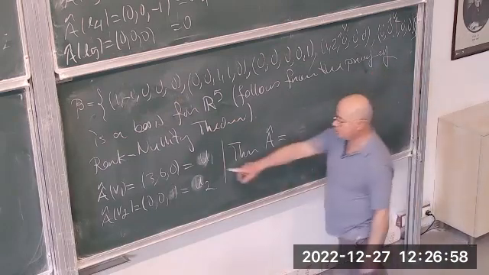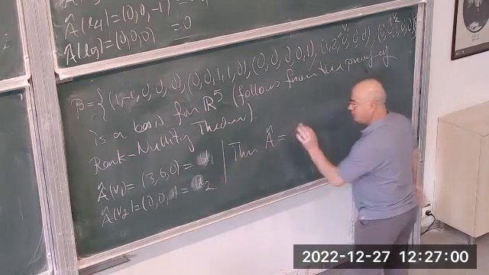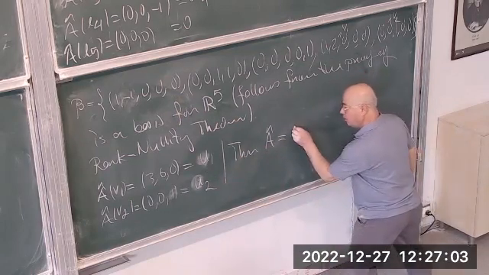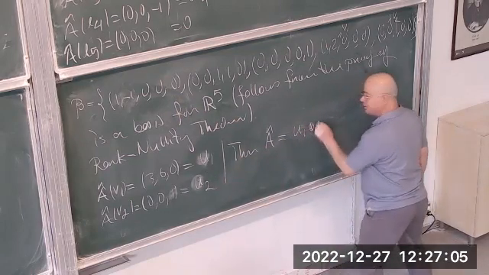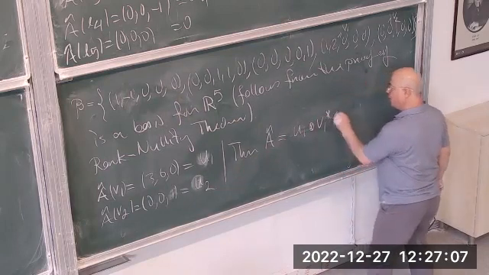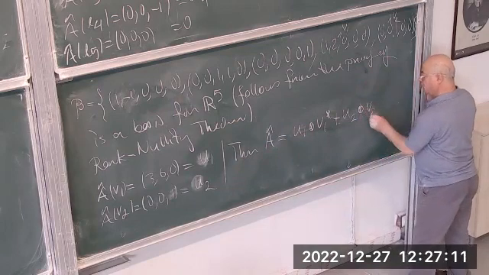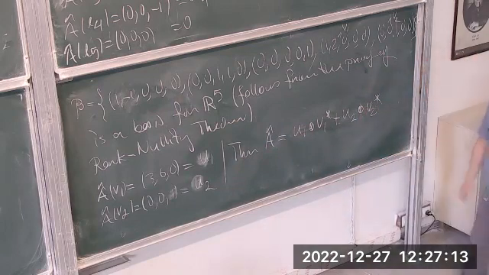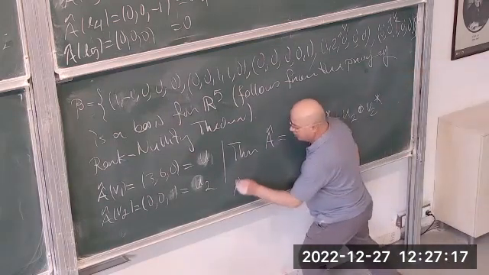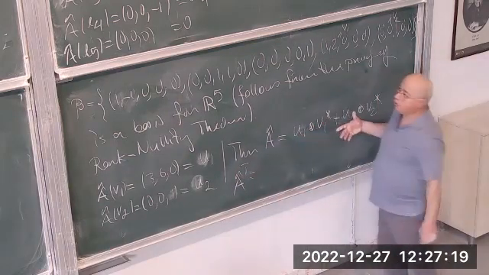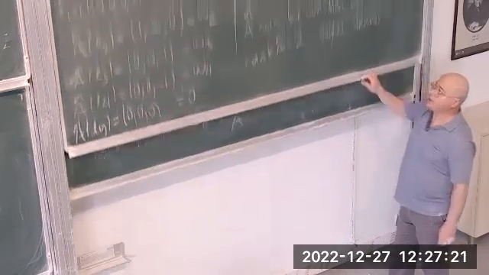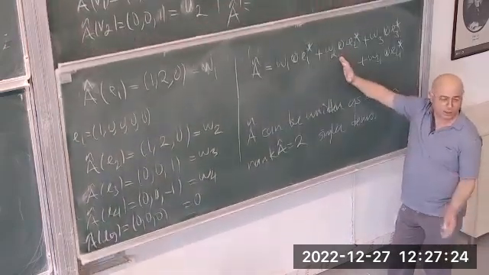So I can just use these 2. So this is just U1 tensor V1 star plus U2 tensor V2 star. Okay. What about this? Is this a correct answer? This is also a correct answer. This is not wrong.